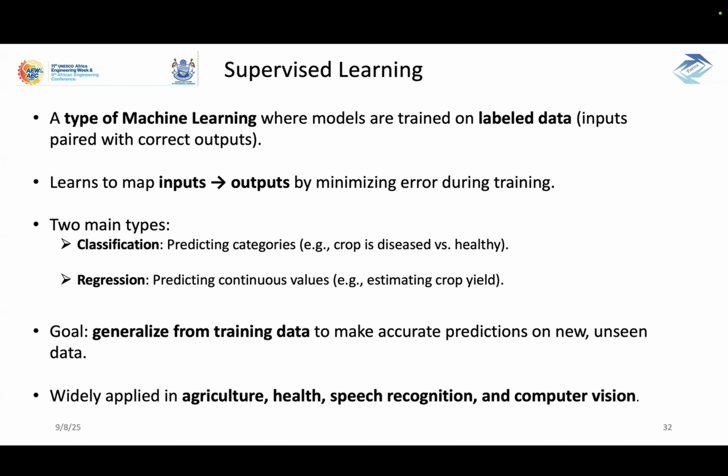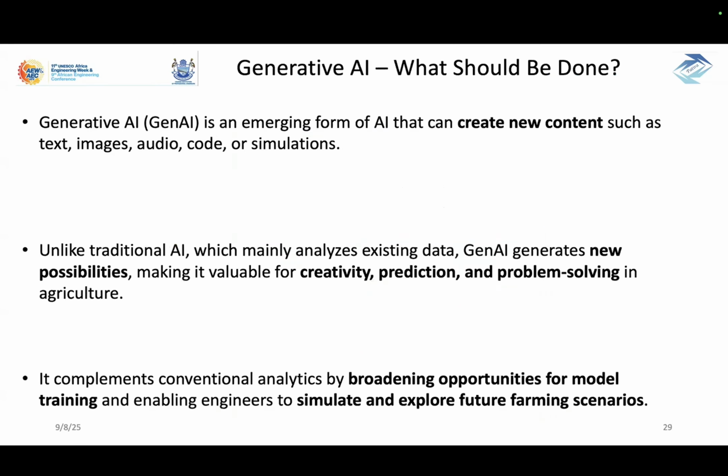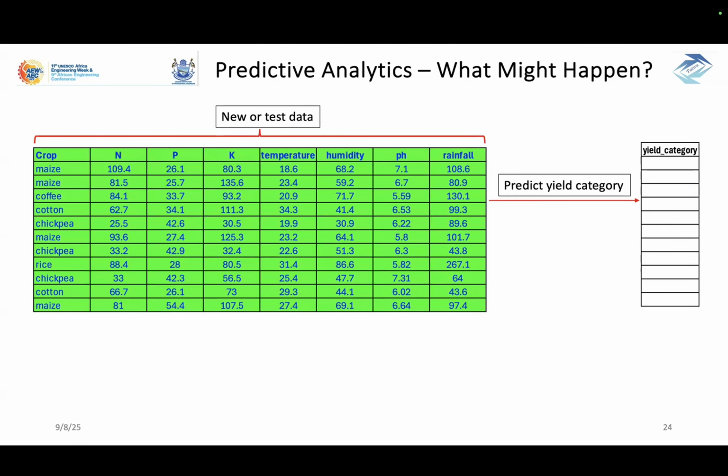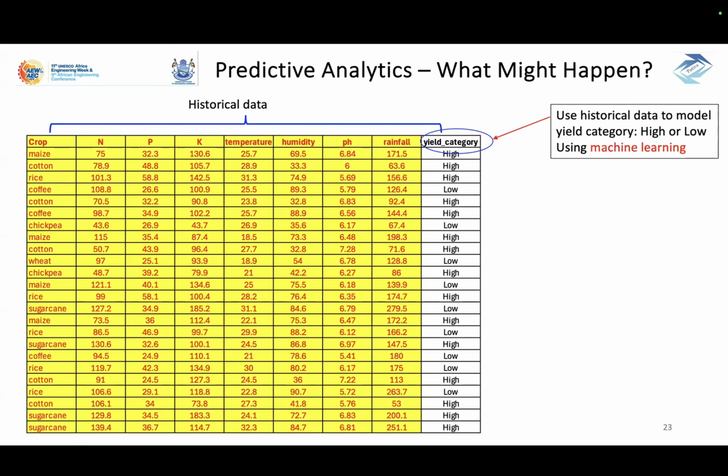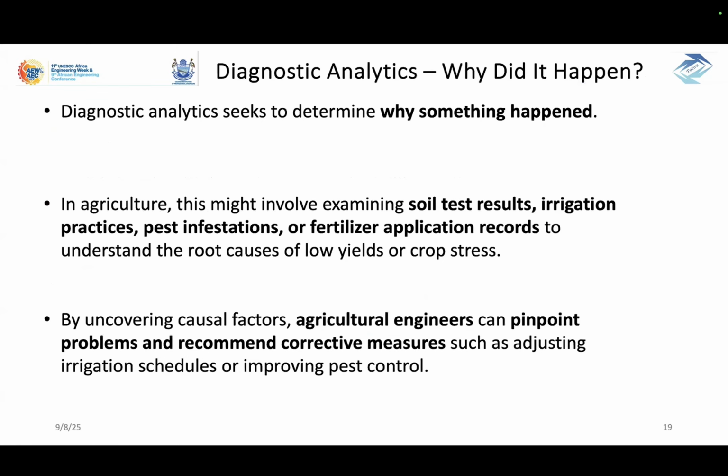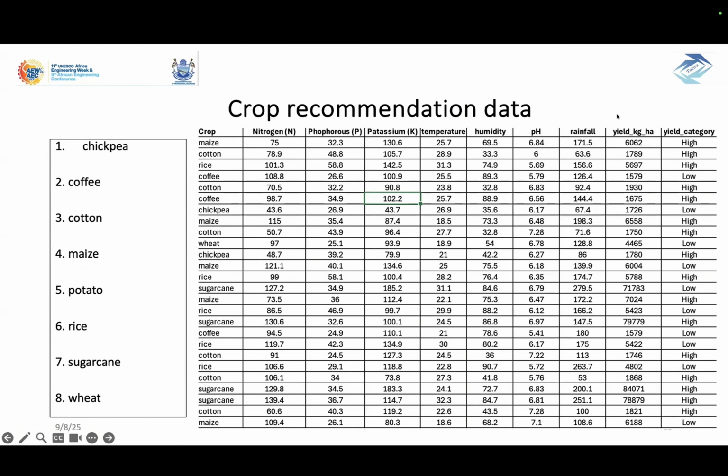So let me go back and show the difference between the two. The classification problem classifies into a category: is it a high yield or a low yield? But let me go back to the original data. See this original data? It had yield in kilograms per hectare and also yield category. So supervised machine learning can do two things here.